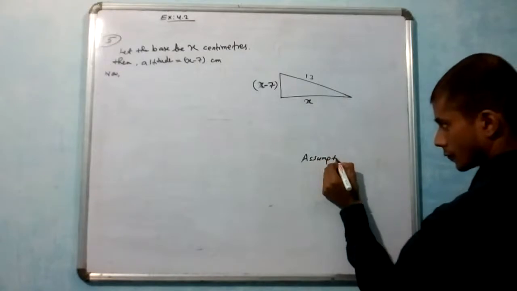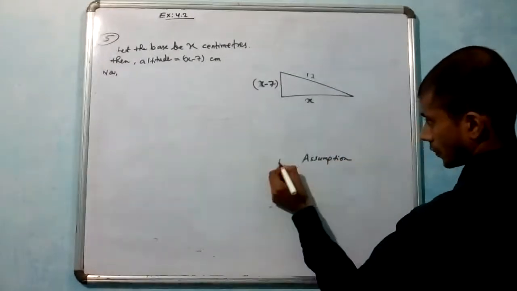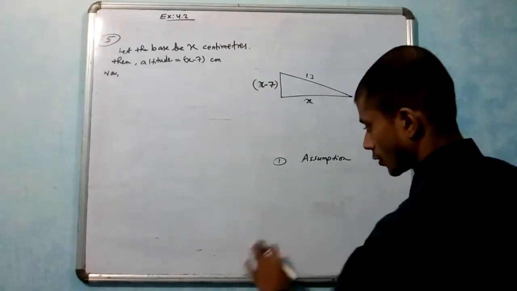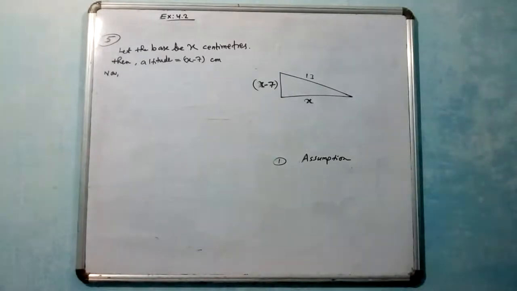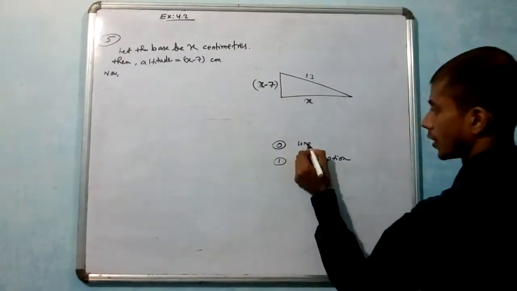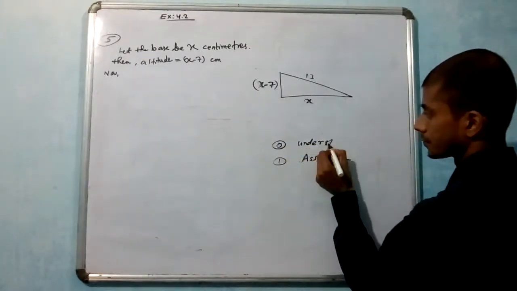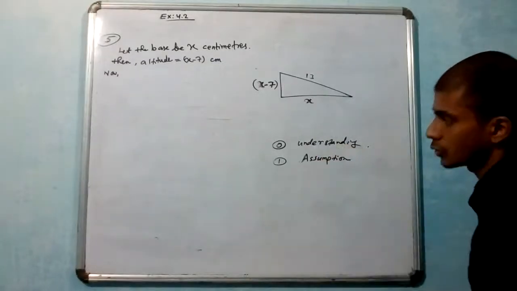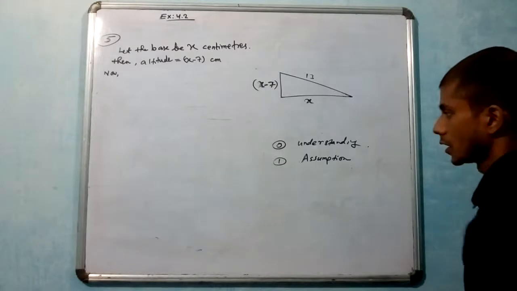Pythagoras theorem. See, the first step is assumption. Whenever we face a word problem, the very first thing is, at the zero level, understanding. Understand the question, what it is asking, what it is telling. Second thing is assumption.